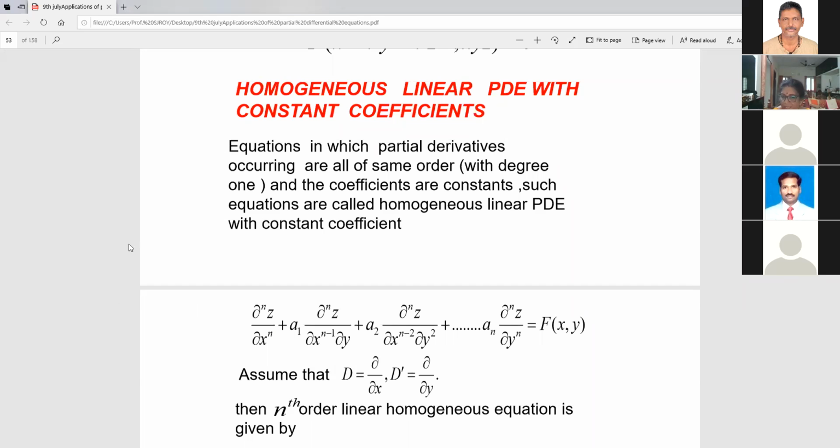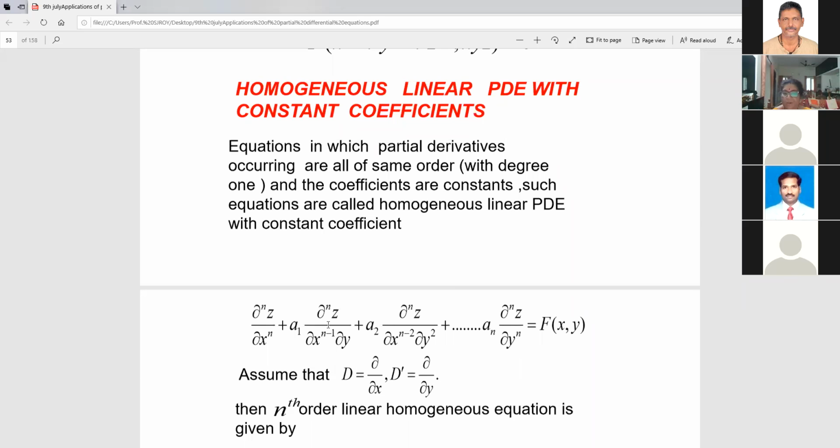So we are speaking about the nth order here, and an nth order PDE of this kind is going to be homogeneous. I have written the general form here. Usually we use the notation capital D as dou by dou x and D dash as dou by dou y. Everywhere it is the same.